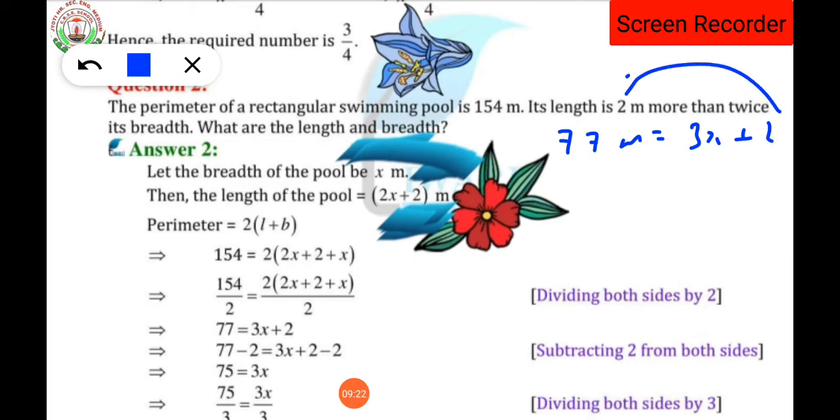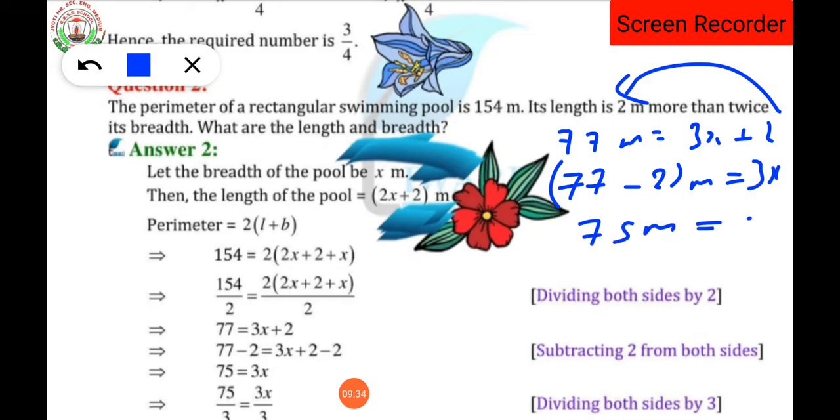This 2 will be subtracted, so 77 minus 2 meters equals 3x. So it becomes 75 meters equals 3x. Now this 3 goes into the denominator, so 75 meters divided by 3 equals x, whose value we have to find out.